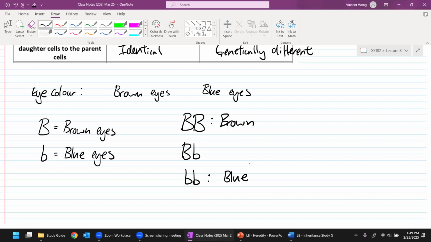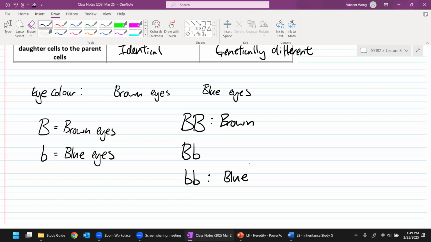With pigmentation, generally, the darker pigment will be dominant over the lighter pigment. So brown eyes will be dominant over blue eyes. Darker hair will be dominant over lighter hair. You guys understand? Yeah. Okay.